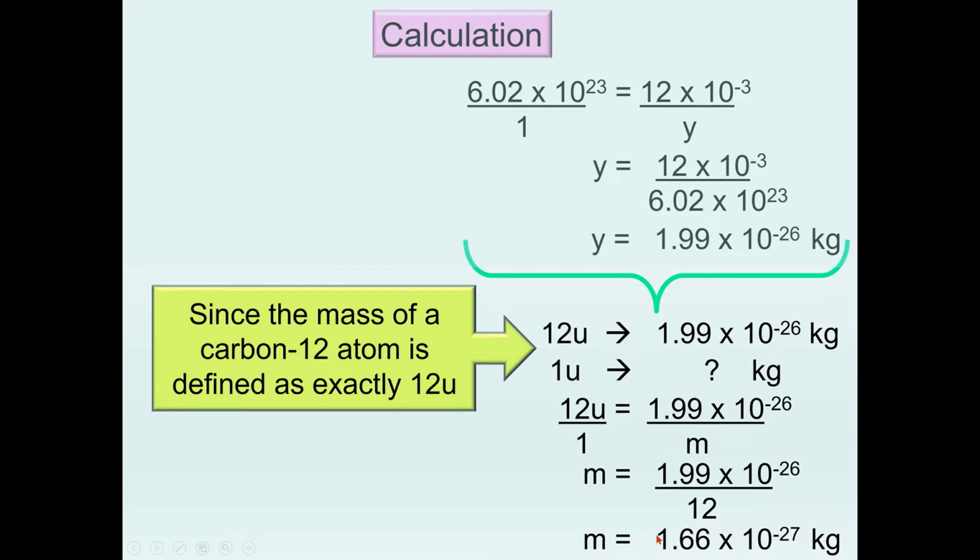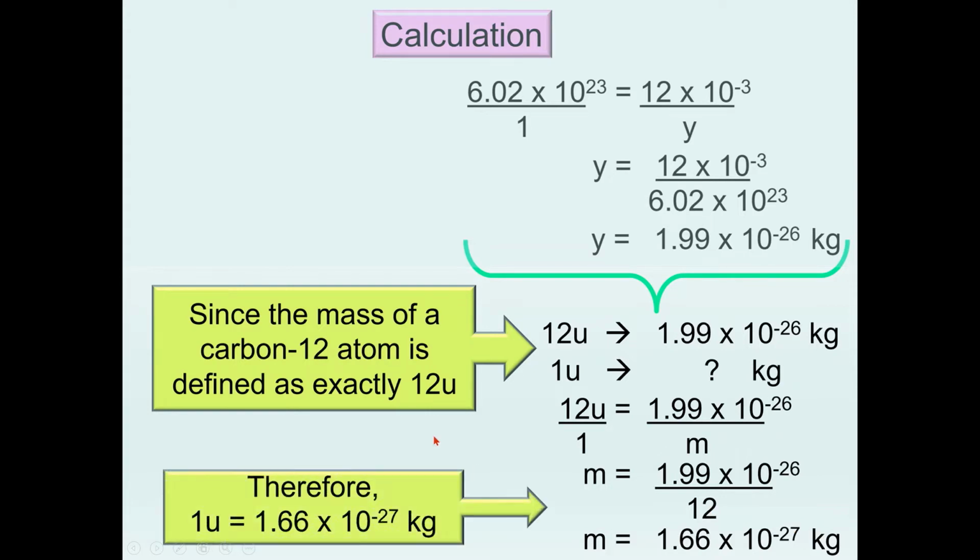So the mass in kilogram for 1 U equals 1.66 times 10 to the power of negative 27 kilogram. So it is proven that 1 U is equivalent to 1.66 times 10 to the power of negative 27 kilogram.